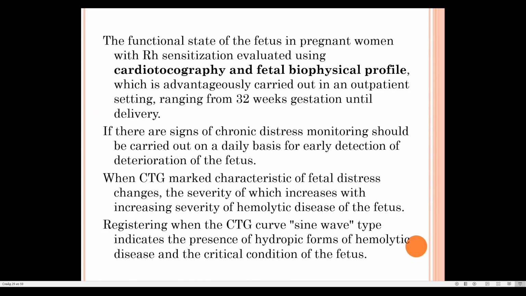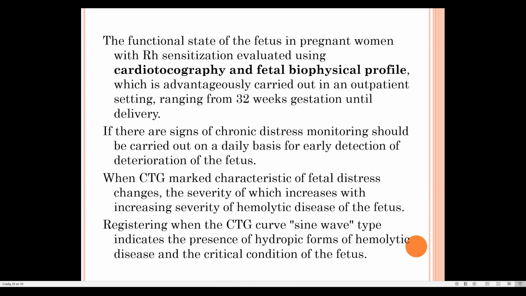The functional state of the fetus in pregnant women with rhesus sensitization is evaluated using cardiotocography and fetal biophysical profile, which is advantageously carried out in an outpatient setting from 32 weeks gestation until delivery. If there are signs of chronic distress, monitoring should be carried out on a daily basis for early detection of deterioration of the fetus.